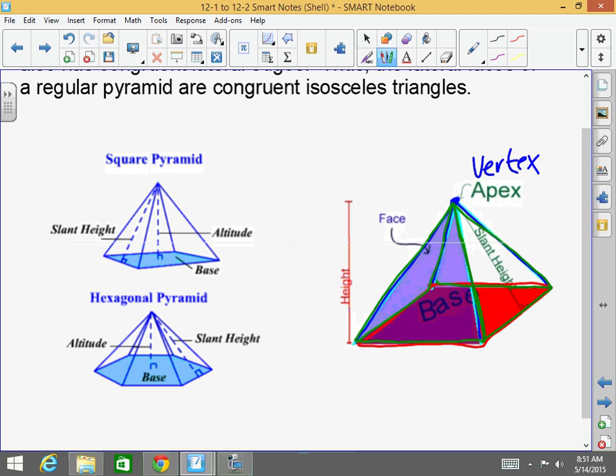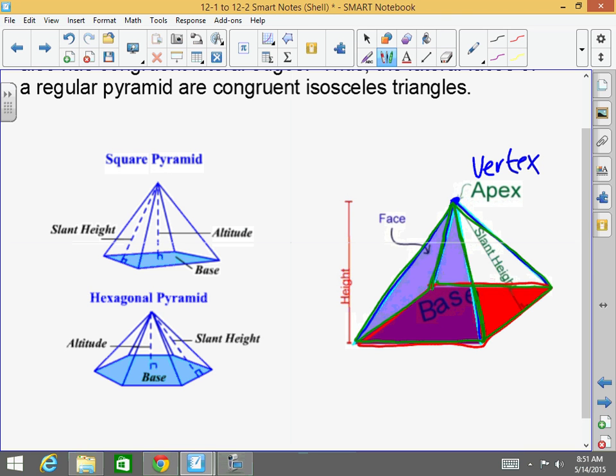If the base of the pyramid is a regular polygon, all of those lateral faces, those triangles, are congruent isosceles triangles.